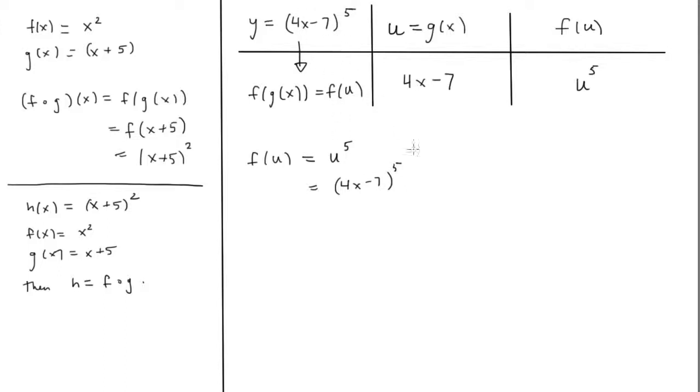And lo and behold, we get the original function. So we've just taken this function and broken it into two smaller pieces, the inside in a way, and then what happens overall on the outside. So this decomposition is going to be very important.